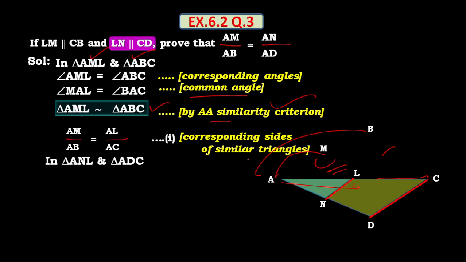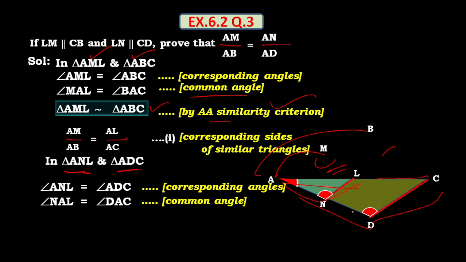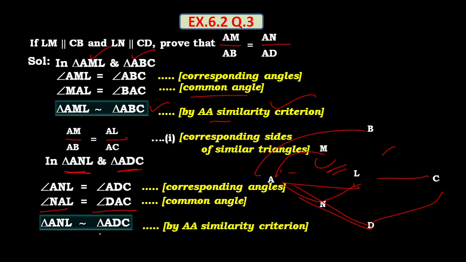Then moving next, in triangle ANL and triangle ADC, angle ANL and angle ADC are corresponding angles, and angle NAL and angle DAC are the common angle here. By angle criteria of similarity, triangle ANL is similar to triangle ADC by angle similarity criterion.